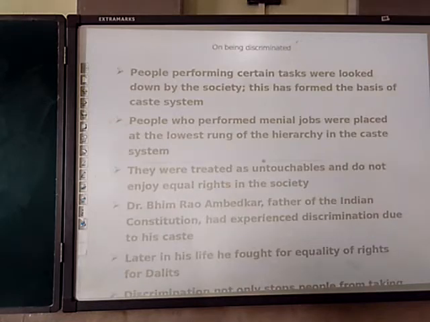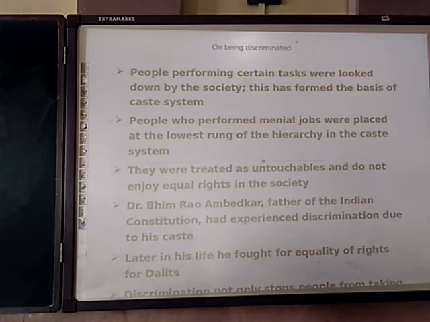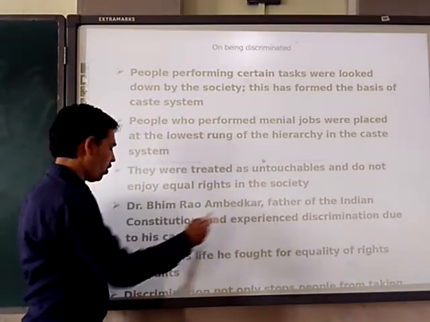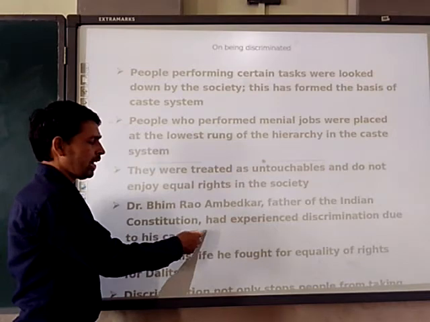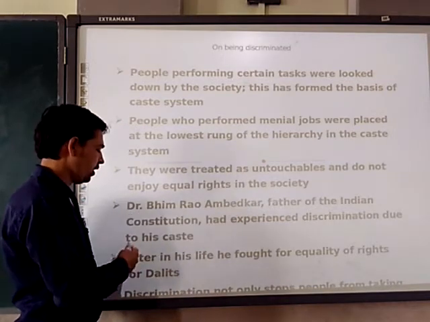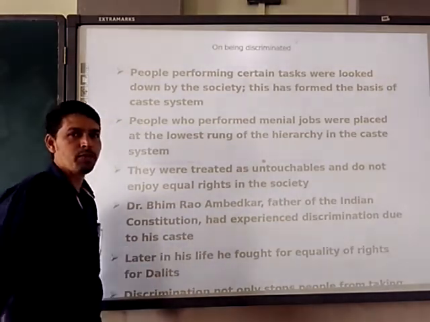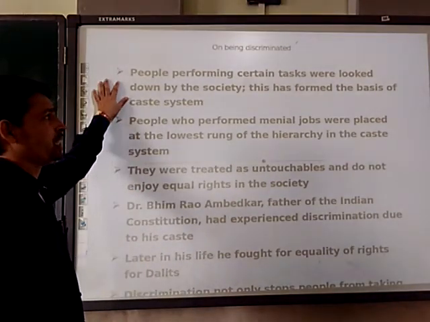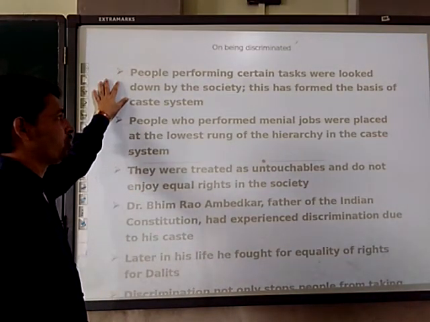Next, on being discriminated. So here we are seeing the story of Dr. Bhimrao Ambedkar. Dr. Bhimrao Ambedkar, father of the Indian Constitution, had experienced discrimination due to his caste because he belonged to a scheduled caste. People performing certain tasks were looked down upon by society.